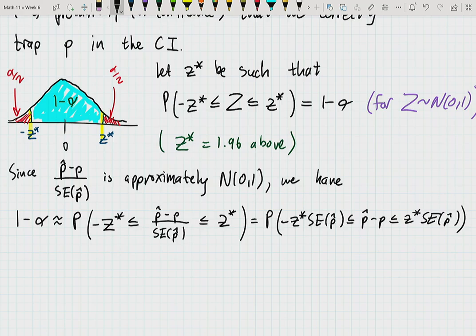Or I want to subtract p hat from everything, so I'm just going to multiply everything by a negative, if you don't mind. Make this a positive, make this a greater than, make this a positive, make this a greater than, and make this a negative.